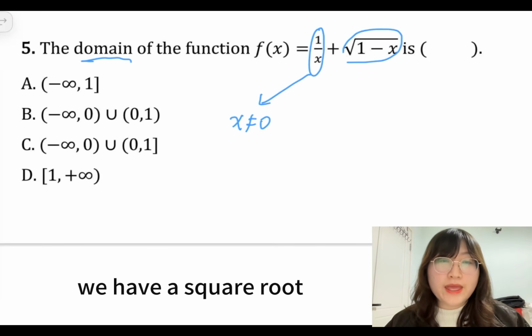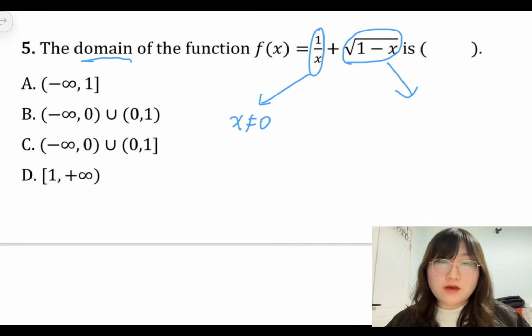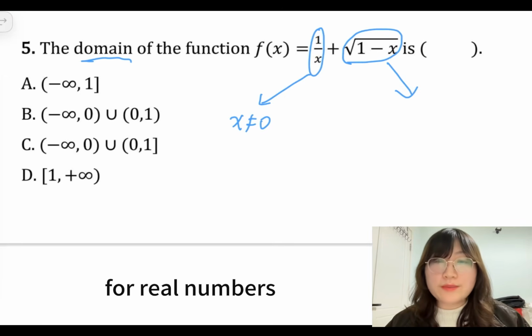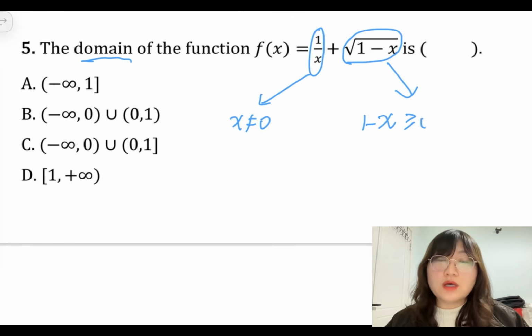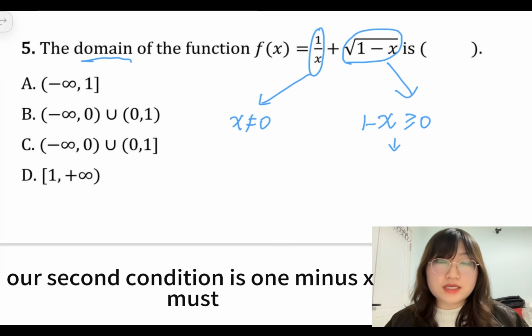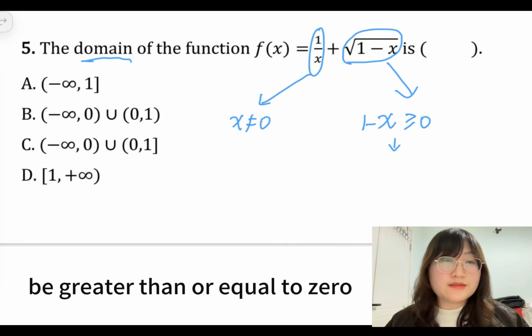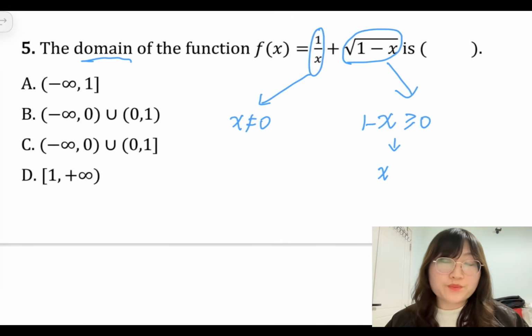Second, we have a square root. For real numbers, the expression inside a square root must be non-negative. So our second condition is 1 minus x must be greater than or equal to 0.